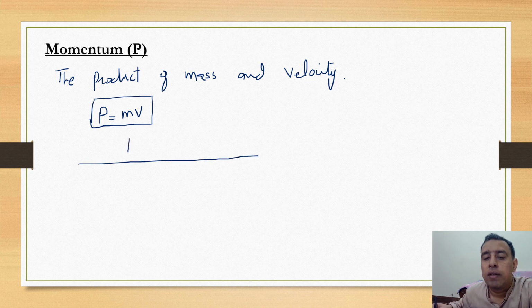a heavy truck is on the road, its mass is large and it's moving with some velocity, then its momentum is large, momentum is high because of its large mass.